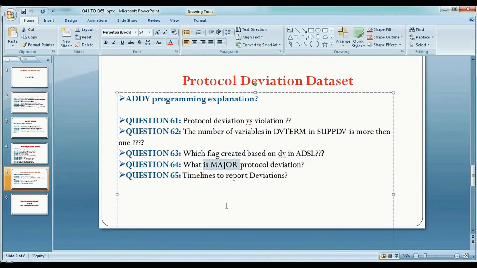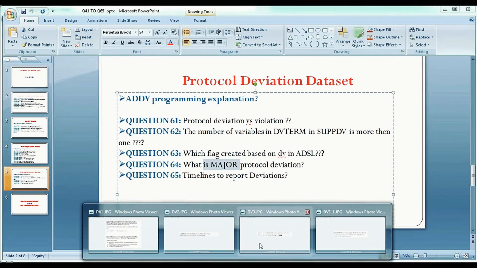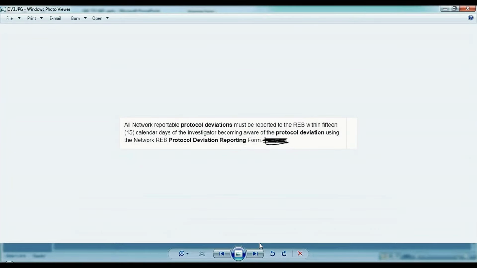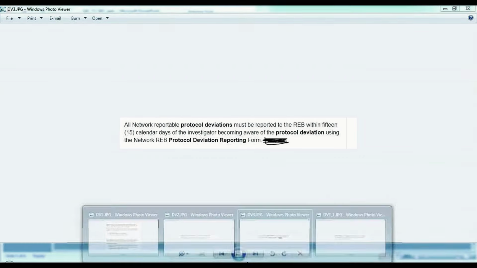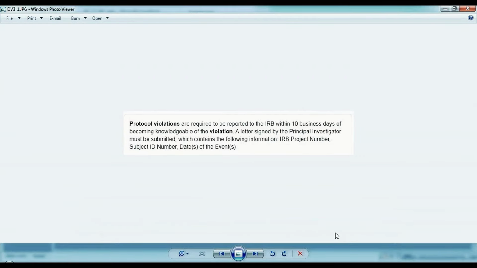Okay. So what is the timeline to report a major protocol deviation? If a major protocol deviation happens during the clinical trial, deviations must be reported to the review board within 15 calendar days of the investigator becoming aware of the protocol deviation, using the REB protocol deviation reporting form. For a protocol violation, it must be reported to the IRB within 10 business days of becoming aware of the violation.